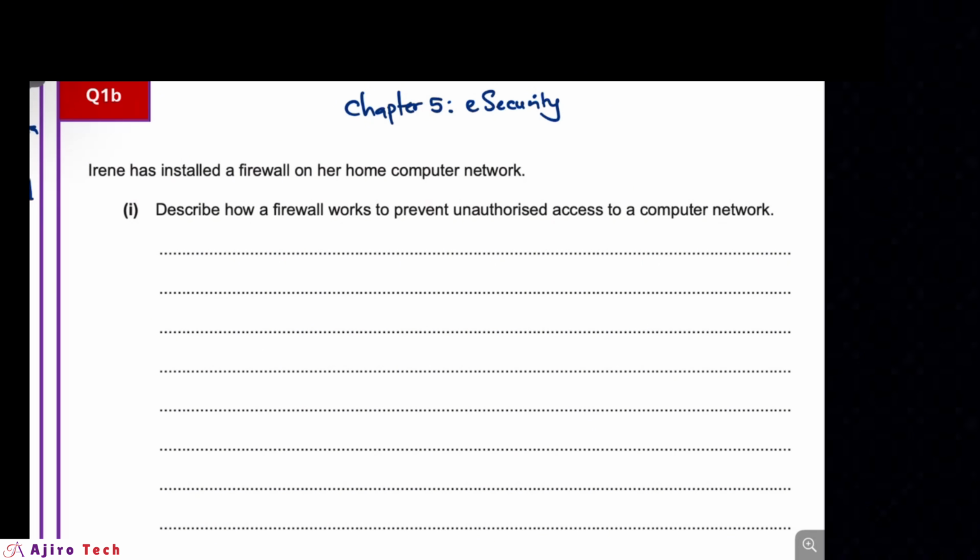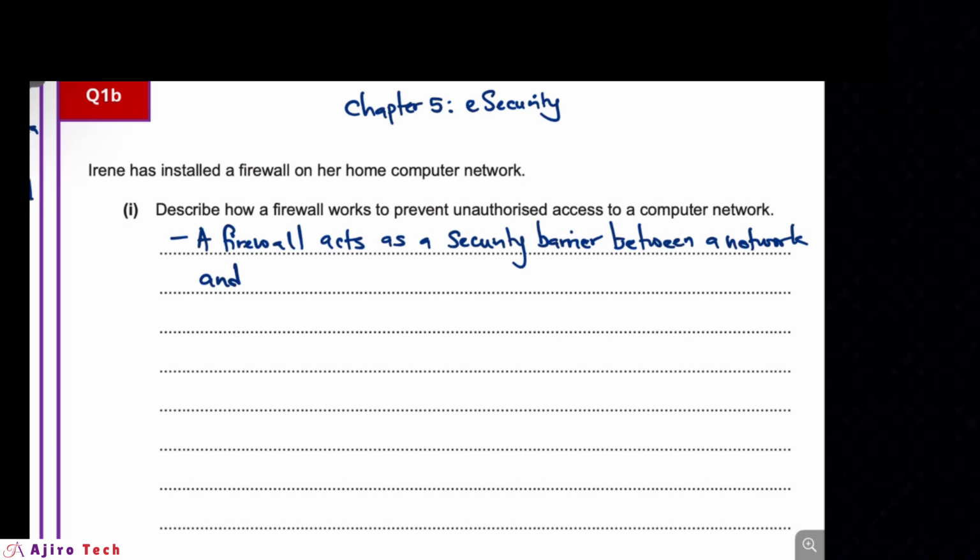So a firewall acts as a security barrier between a network and external devices.